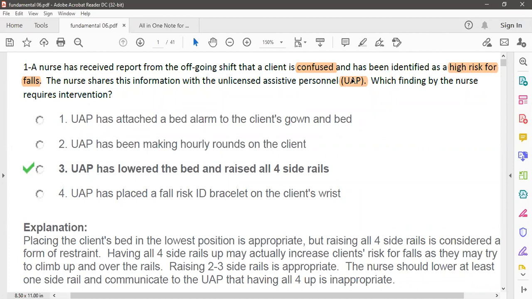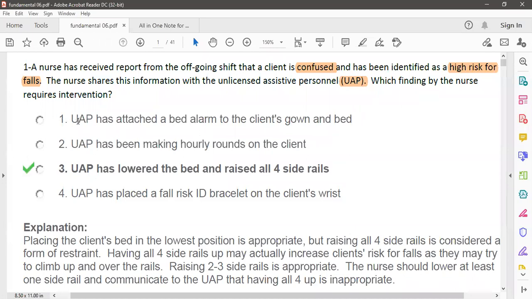So now my patient is confused with a high risk of fall, and the RN can educate the UAP. Out of 4 responses, which one is something wrong? As an LPN or RN, you have to educate them.